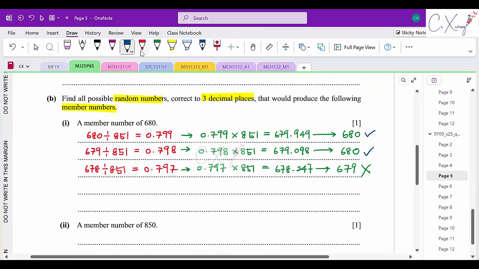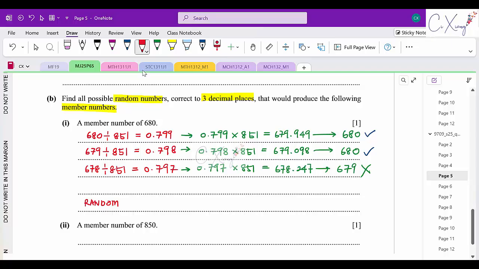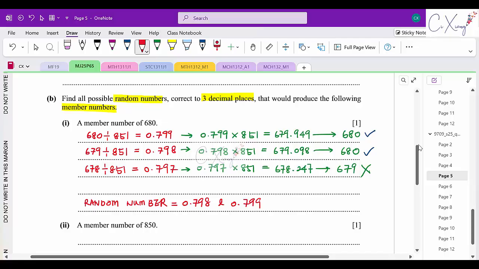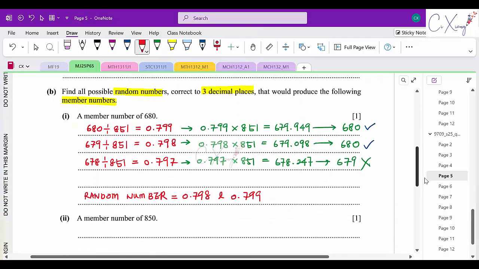So from here, the random numbers that will give you member number 680 are 0.798 and also 0.799.